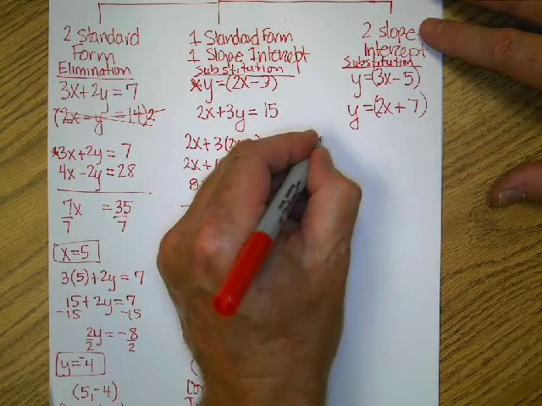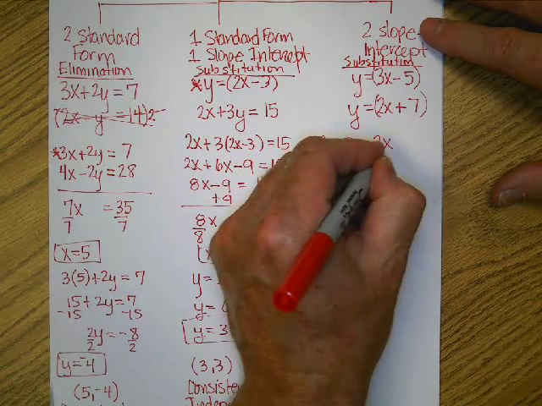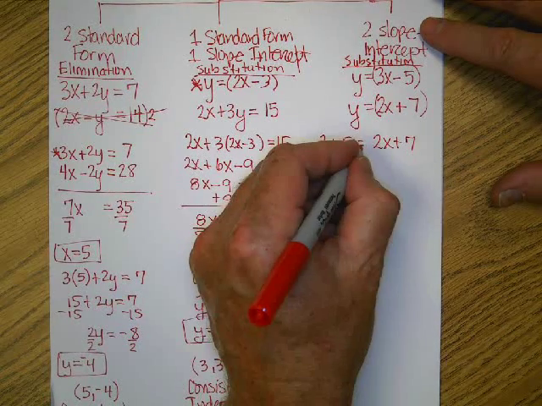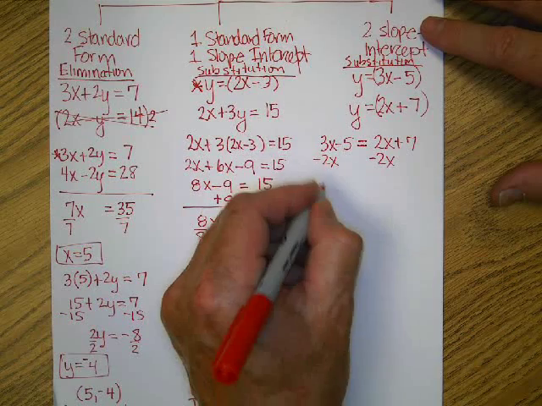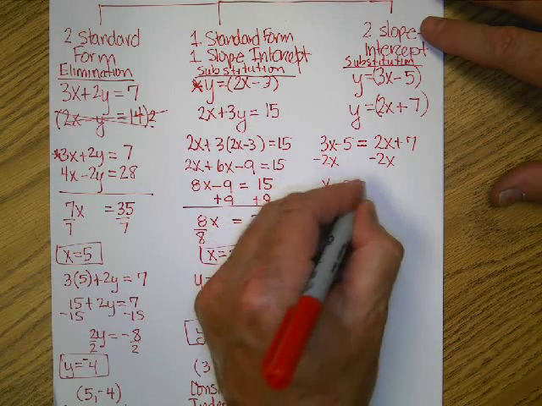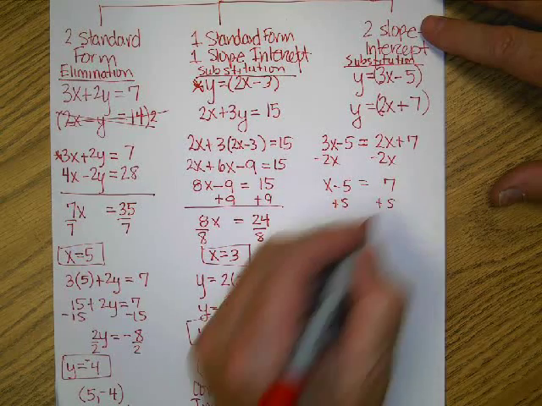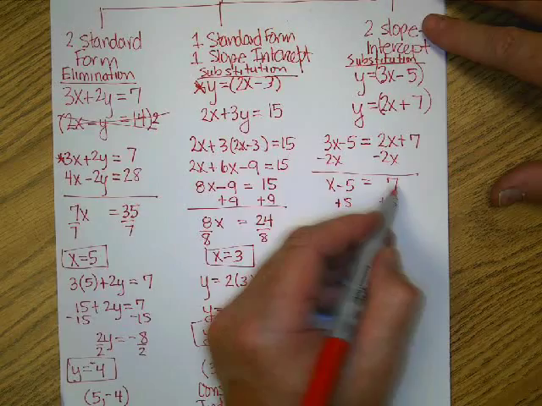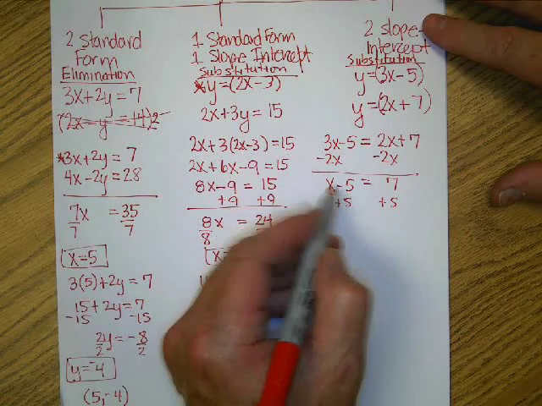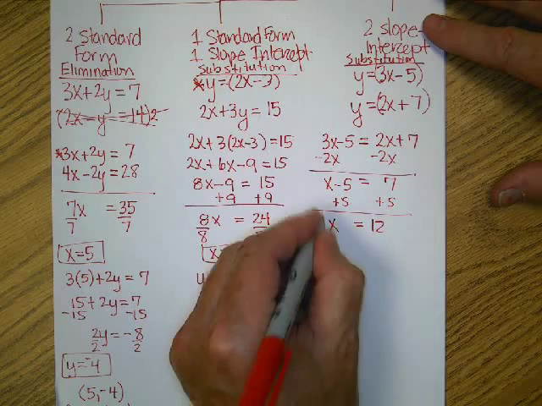So I'm going to take 3x minus 5 on the left side and make it equal to 2x plus 7. Subtract the 2x and get x minus 5 equals 7, plus the 5 over. That's pretty quick, huh? That 2x drops out and I just bring the 7 down. Now plus the 5 over, and I get x equals 12.